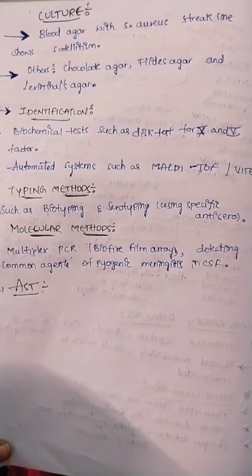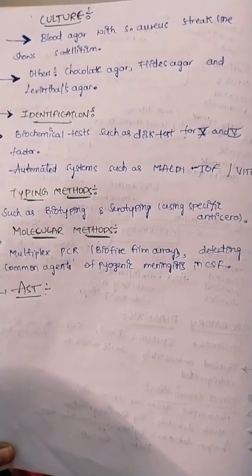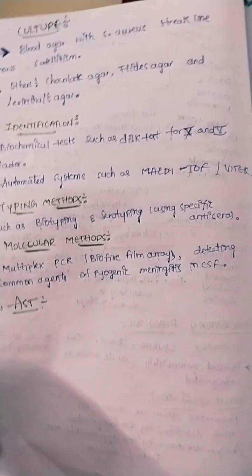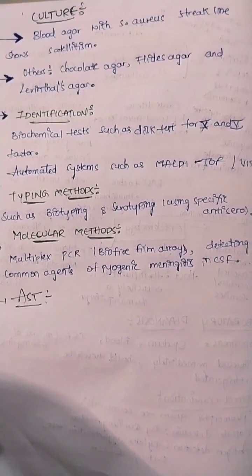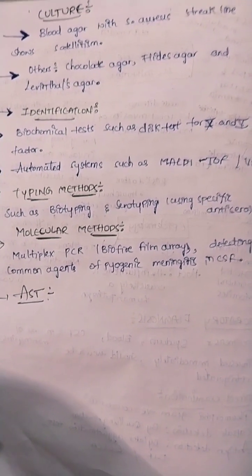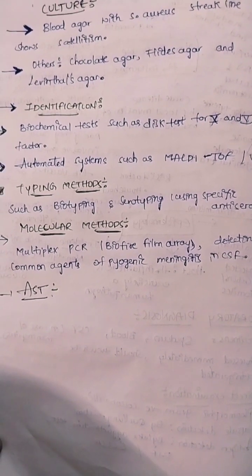Okay guys, and culture on blood agar with Staphylococcus aureus, because Staphylococcus aureus will produce NAD, which is factor 5, required for the growth of Hemophilus influenzae, and it will show satellitism.